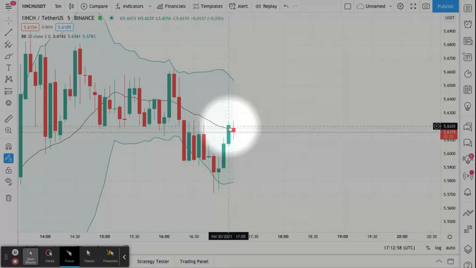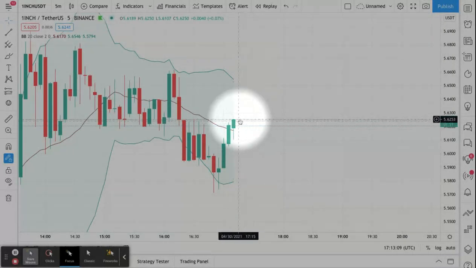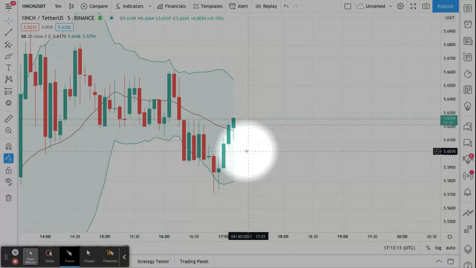Others say it's closed above the EMA, but they still want to wait to make sure that it stays above the EMA. That's one way you can figure out what your next step is.